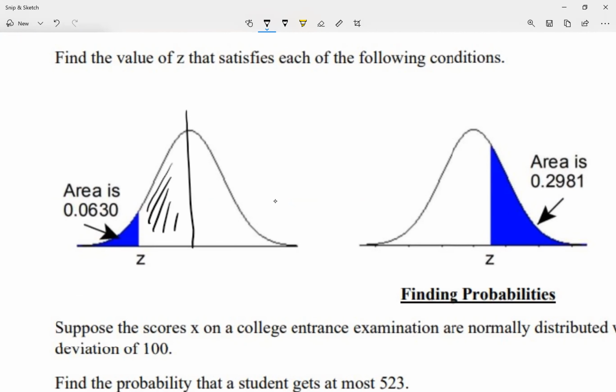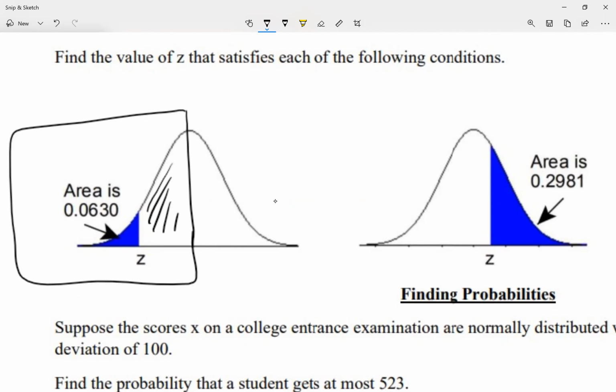If I'm looking at this whole thing right here, to the left of the center, to the left of my mean, the whole thing is 0.5, right? And let me subtract 0.0630. So that means this area right here is 0.437.